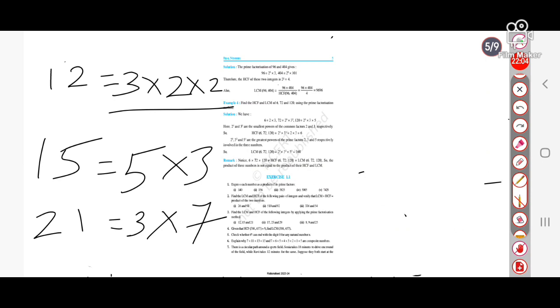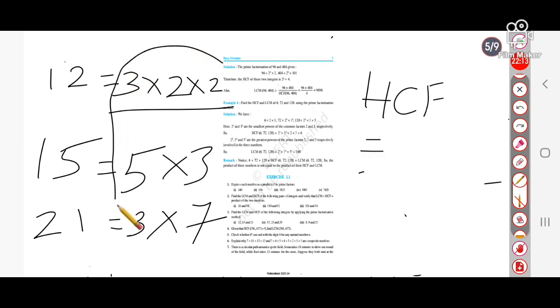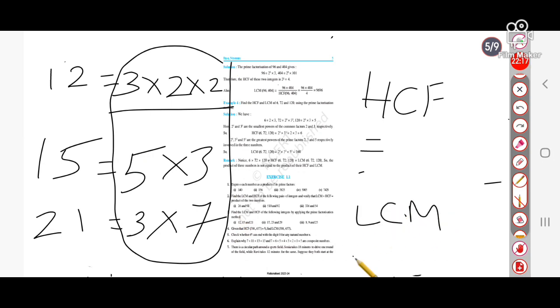By this we can come to the conclusion for HCF, as well as for LCM, by concluding with these numbers, right? 3 cross 2 is for 12, 5 cross 3 is for 15, 7 cross 3 or 3 cross 7, whatever it may be, for 21.